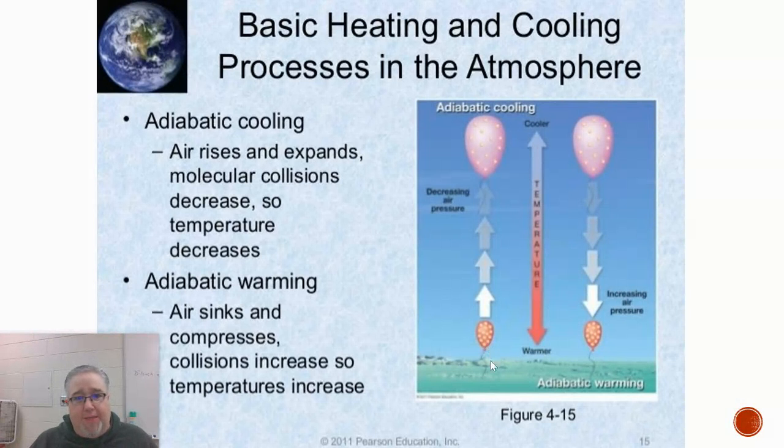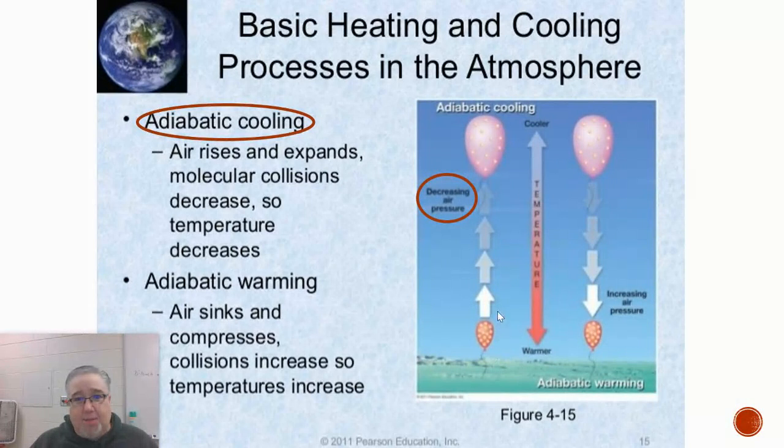Now, we just said that warm air rises, and as it rises, it cools. We have a special name for this. It's called adiabatic cooling. So as that air rises, it's going to tend to get cooler. Now, the reason for that is air pressure. I want you to think about the pressure that's around this balloon.